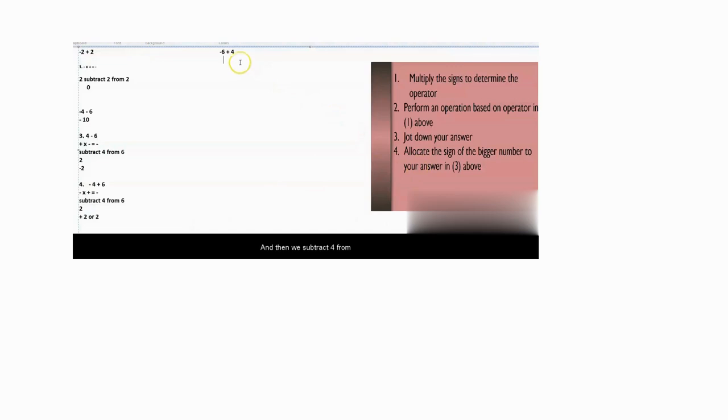And then we subtract 4 from 6, we get 2. We allocate the sign of the bigger number. The bigger number is minus 6. So our final result will be minus 2.